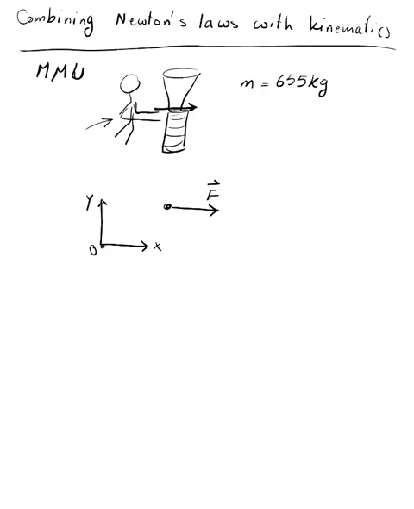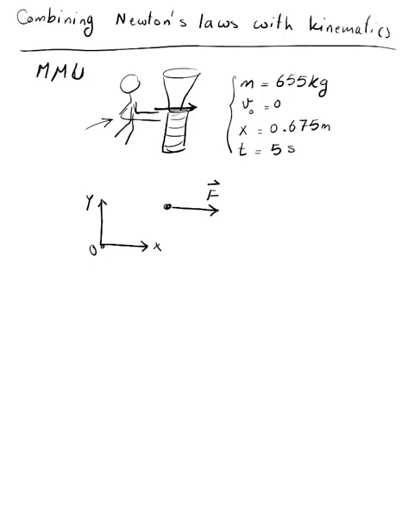Now, if the satellite starts at rest, it means that v naught is 0, and it moves to x equals 0.675 meters after 5 seconds of pushing.